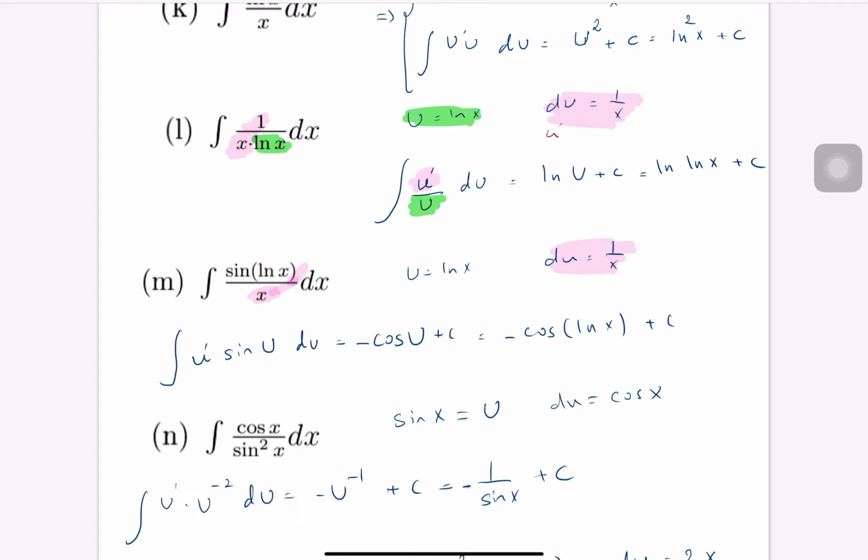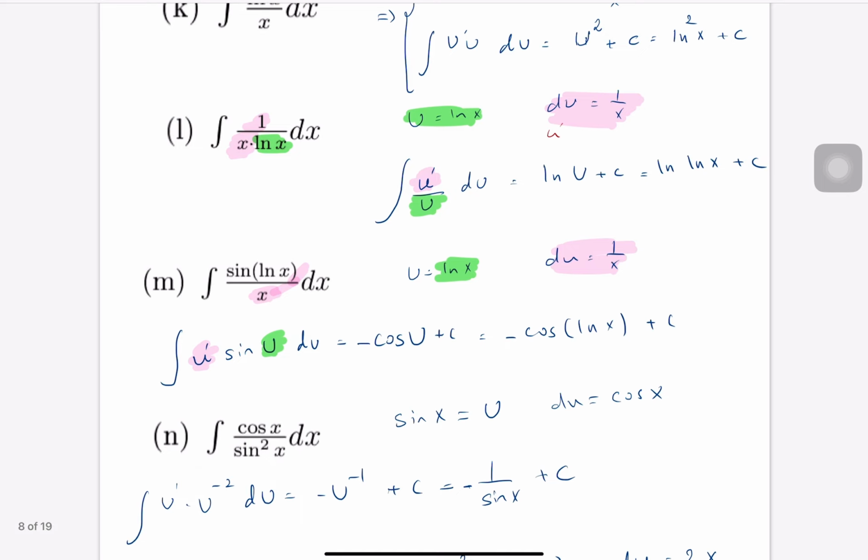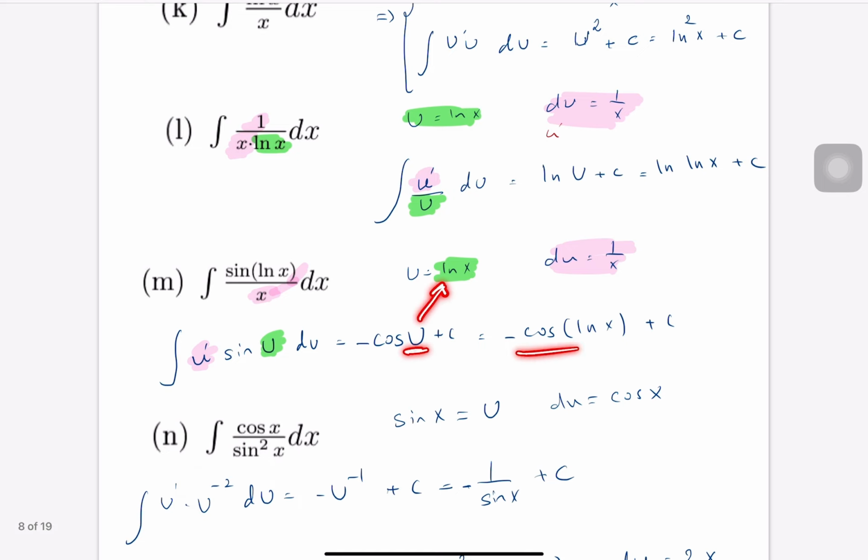And instead of sinus ln x, because it is a u, I put sinus u here. Now, from here we can find the integral is minus cosinus u plus c. And now is the result. We put instead of u, ln x, and the result is minus cosinus ln x plus c.